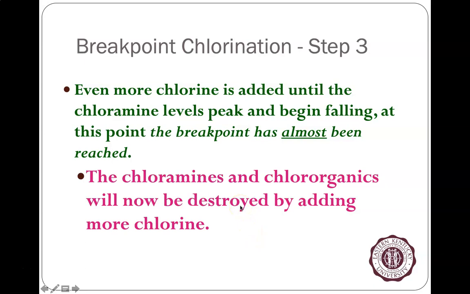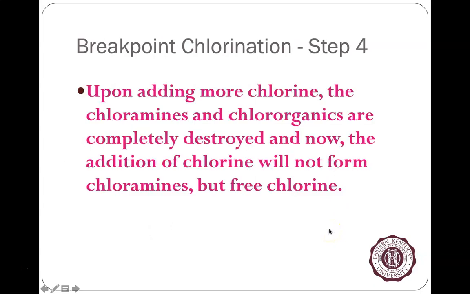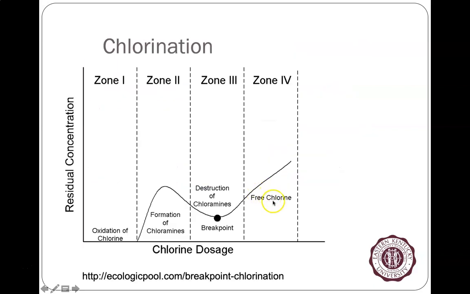And then step 4 is after we've achieved that break point, it goes up and everything thereafter is free available residual, which includes free chlorine and chloramines. So upon adding more chlorine at step 4 beyond that break point, the chloramines and chlororganics, they're all destroyed. So now everything else that will be left here will not form chloramines but free chlorine.